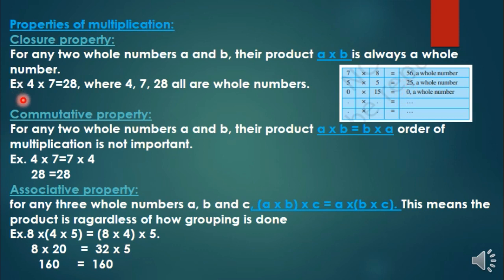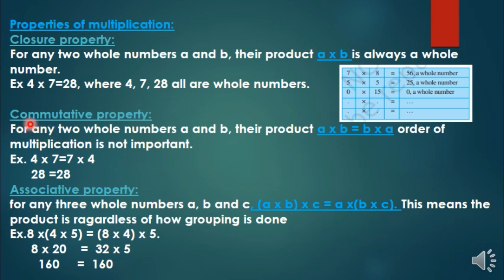Let's see. 4 multiplied by 7, 28. 7 multiplied by 4, 28. Means if you do 4 multiplied by 7 or 7 multiplied by 4, in both the cases answer is same. So we can say that whole numbers are commutative under multiplication. Clear?